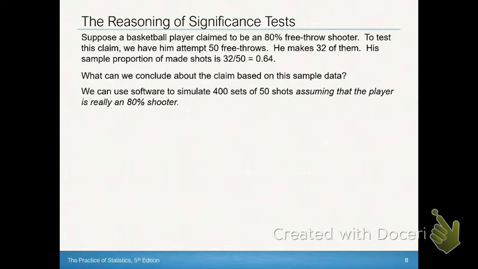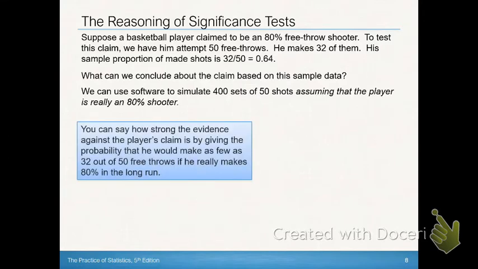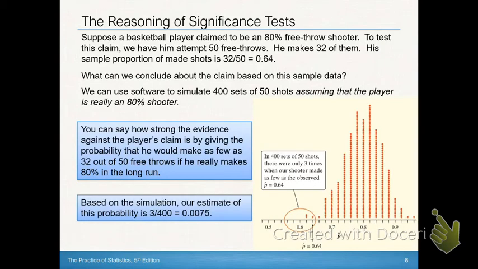So let's look at a little bit about why a significance test works and how it is putting together information to answer your question. First we'll look at a simulation. You guys have done some simulations in the past. So let's start by simulating what it would look like for someone who is an 80% shooter.